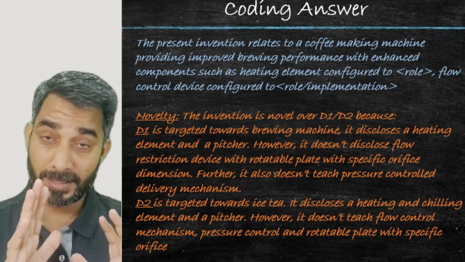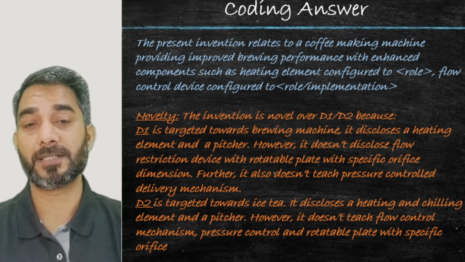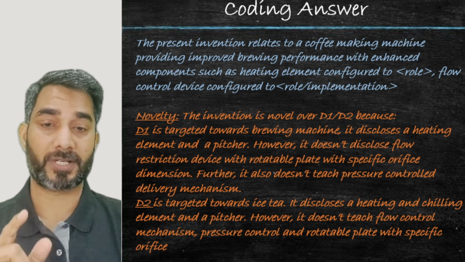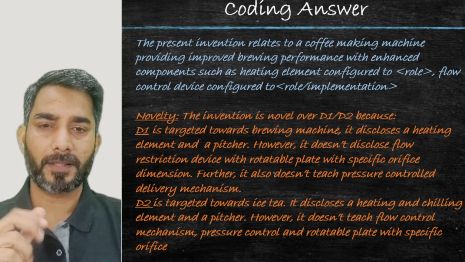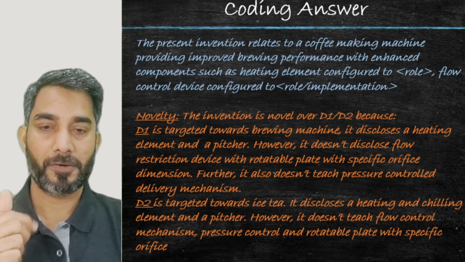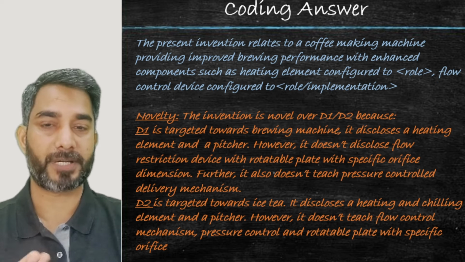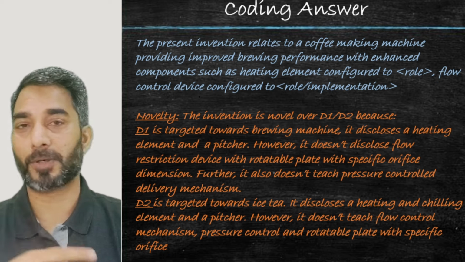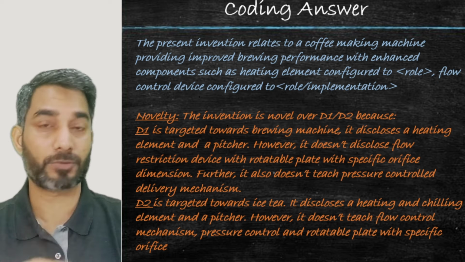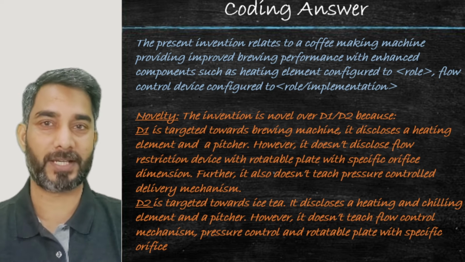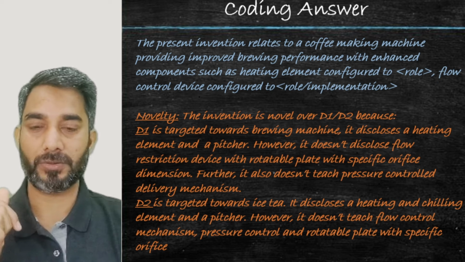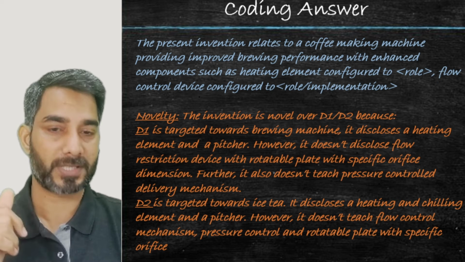And then here is where we start attacking it, which says, however, it doesn't disclose a flow restriction device. It doesn't have, right? A rotatable plate with specific orifice dimension. Further, it also doesn't teach a pressure control delivery mechanism, because the heating element was just mentioned. They didn't write anything about the heating element. So we will write whatever is not there in that, right? Similarly, we attack D2 also. In this case, D2 is targeted towards iced tea.